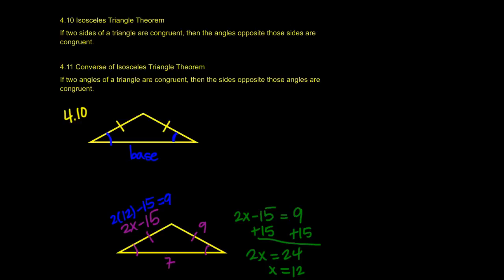All right, so let's look at one that would match this first theorem, 4.10. We looked at one for 4.11, so let's look at one for 4.10. Let's say that this angle is 62 degrees. This angle is 4x minus 2, the other base angle. And these side lengths are both 8.